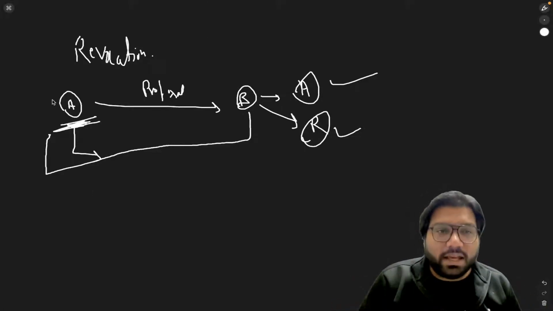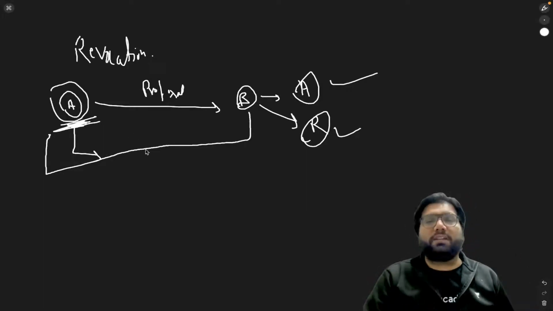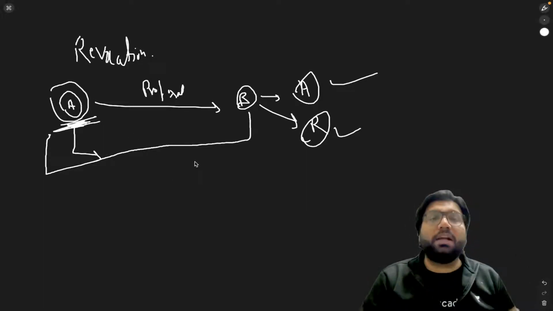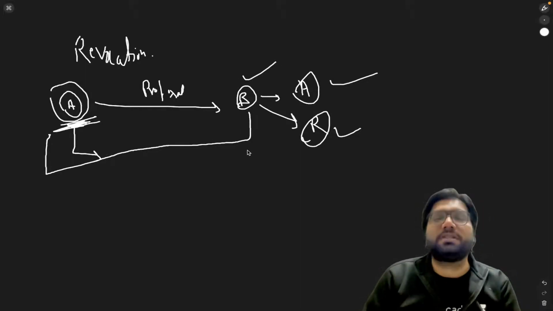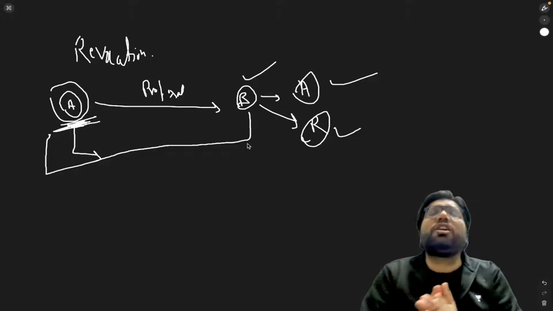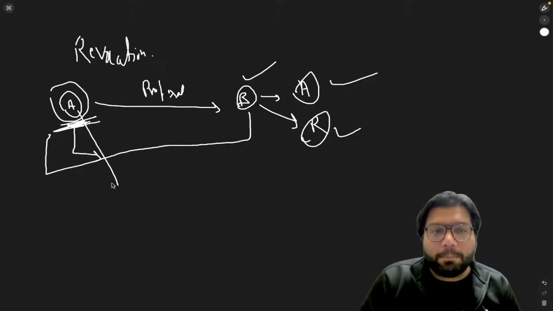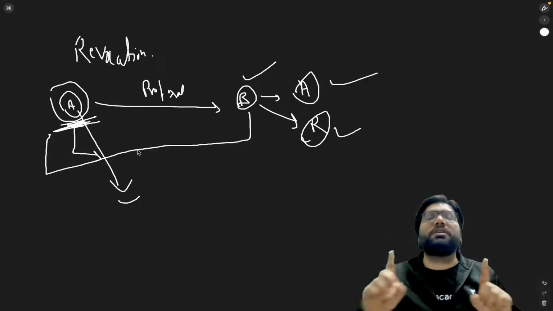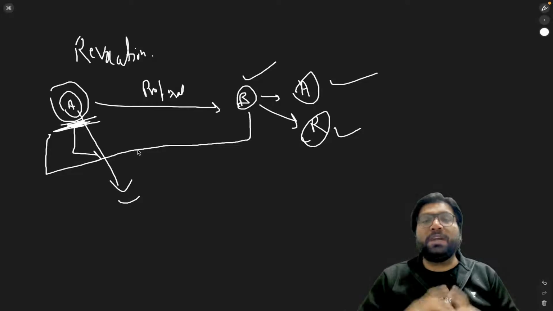If Mr. A is backing out after it has become a contract, that would amount to breach of contract. But if Mr. B has not finalized the acceptance, or the communication of acceptance has not been completed against the proposer, till that moment Mr. A has all the options to revoke his proposal.